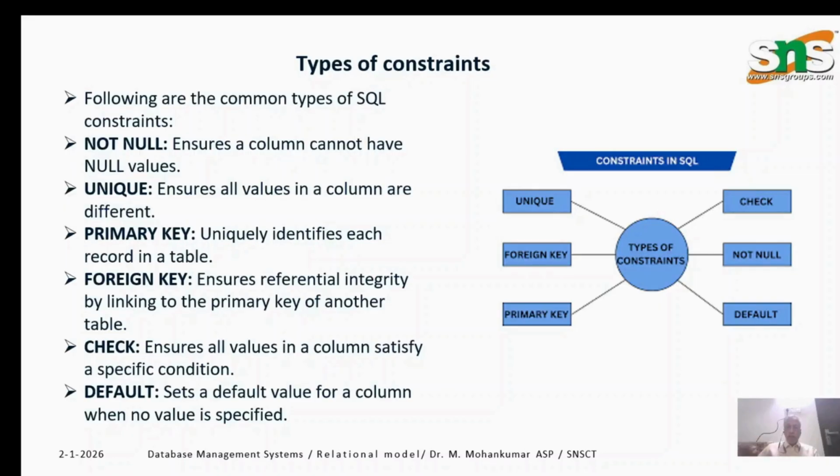So we fix a default value, which may be 0 or 1. Then after getting the information, we update the details in the table. So it is called a default constraint.